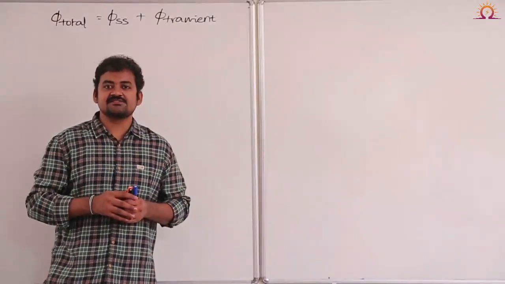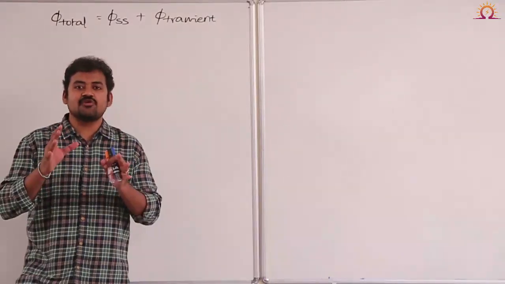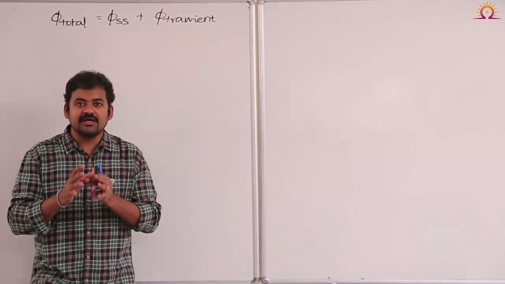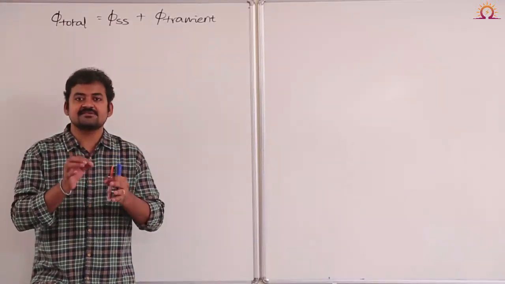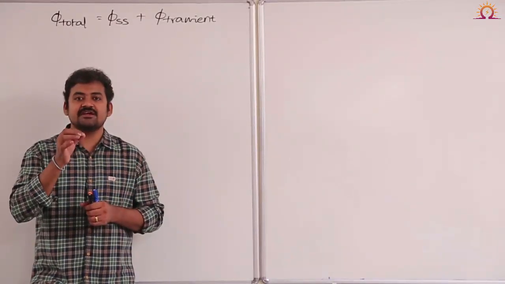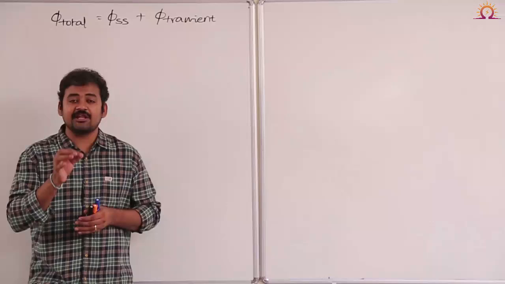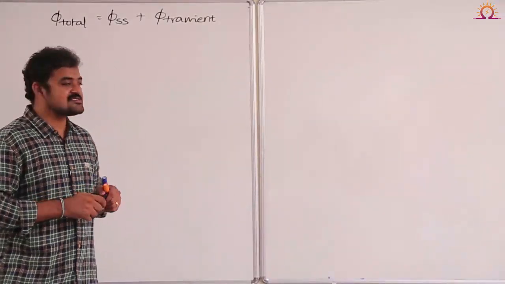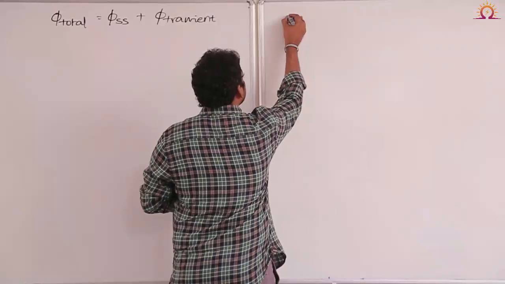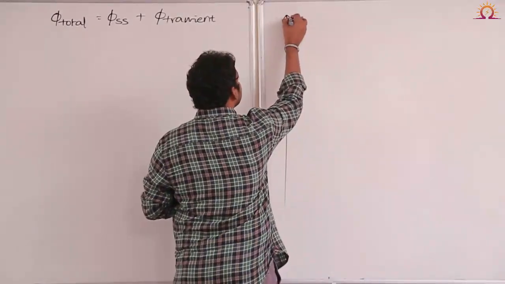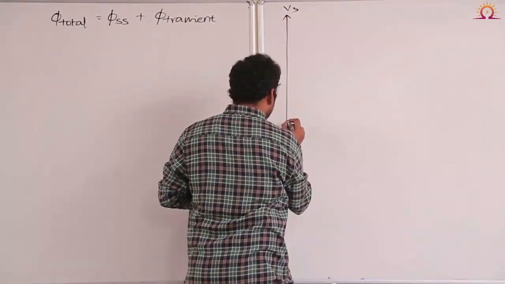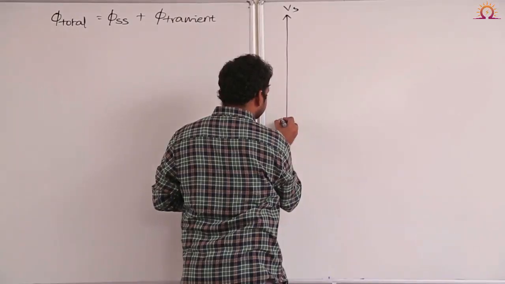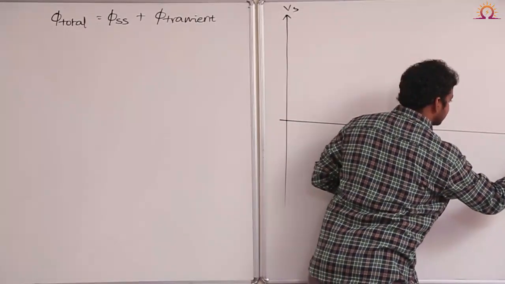The first case is, assume that transformer is switched on at an instant where supply voltage is crossing its zero value. Supply voltage is crossing its zero value. Okay, let me draw the phasor here. I am taking voltage on y-axis, supply voltage, and I am taking time on x-axis.